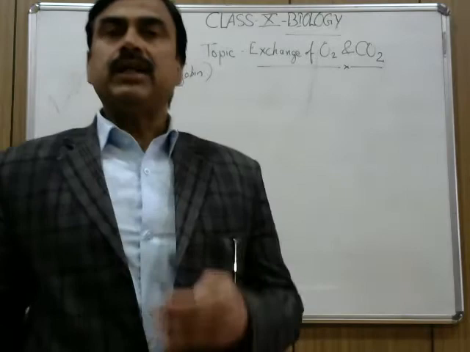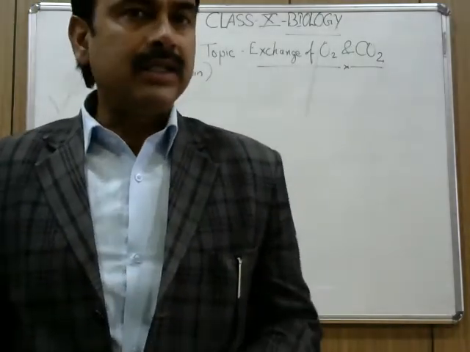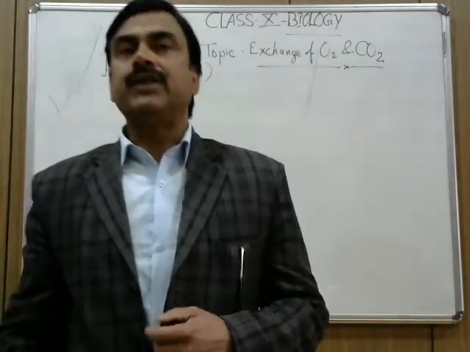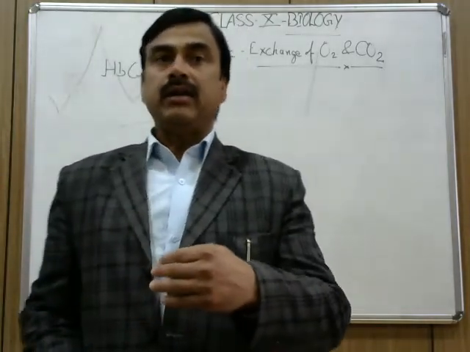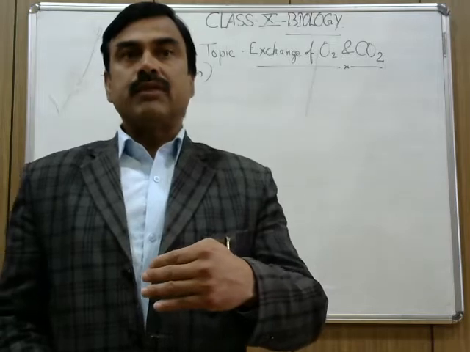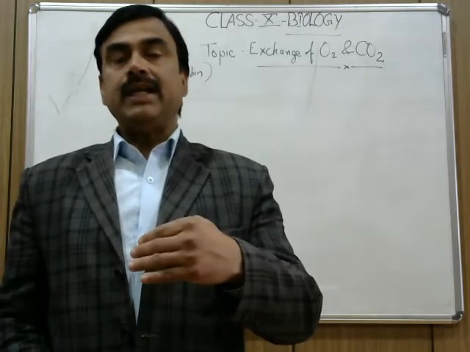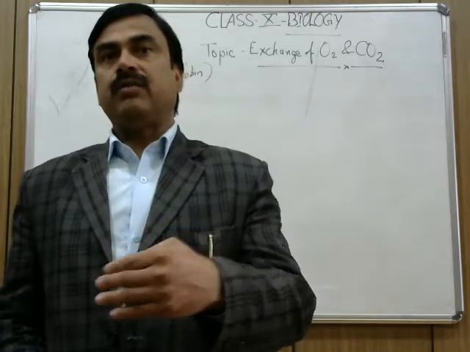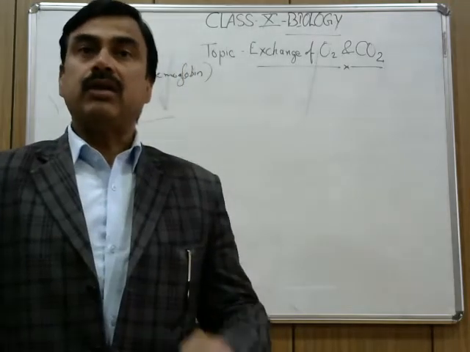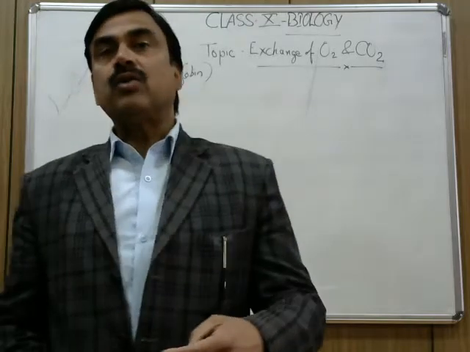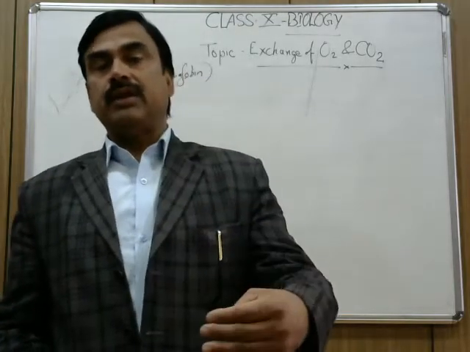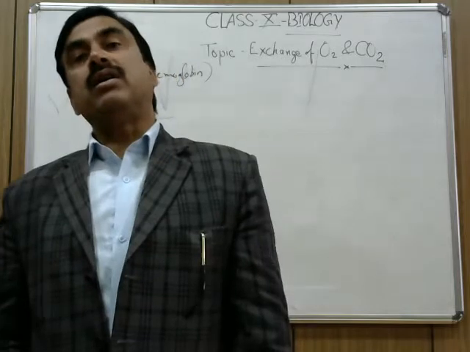I told you that hemoglobin is the red pigment present in the red blood cells, and this hemoglobin binds with oxygen and carries this oxygen from one part to another part. Also, this hemoglobin has the quality to transport carbon dioxide.